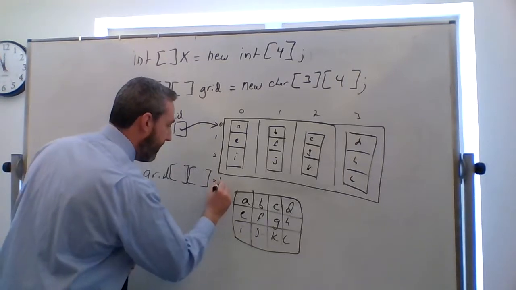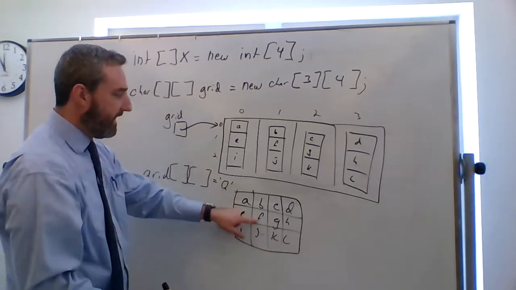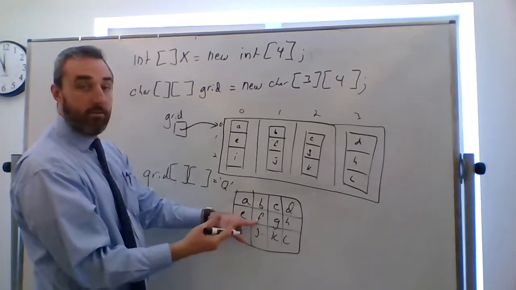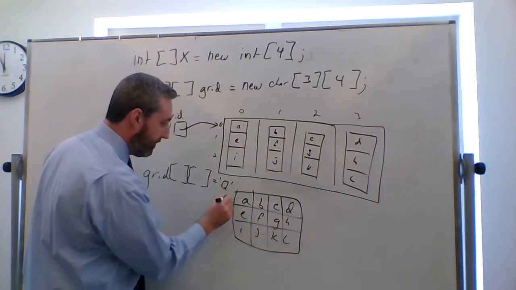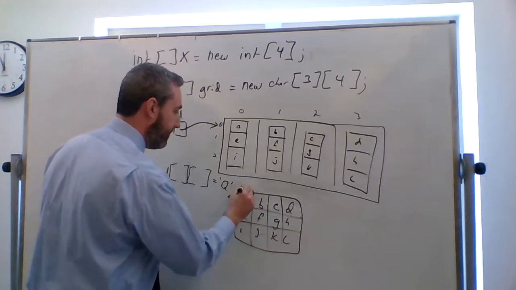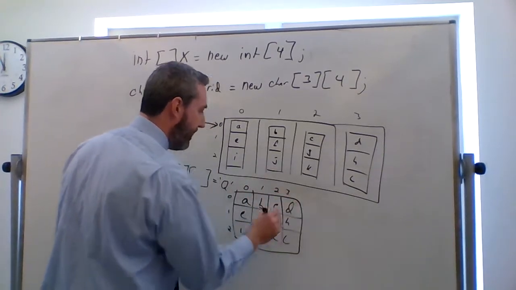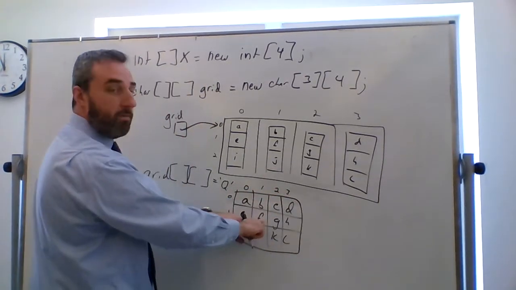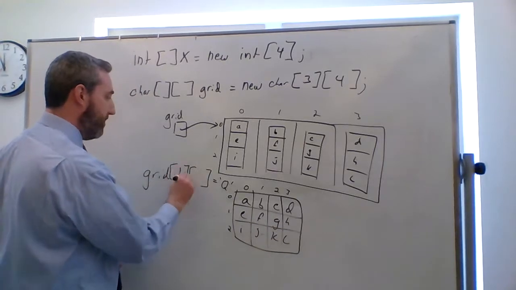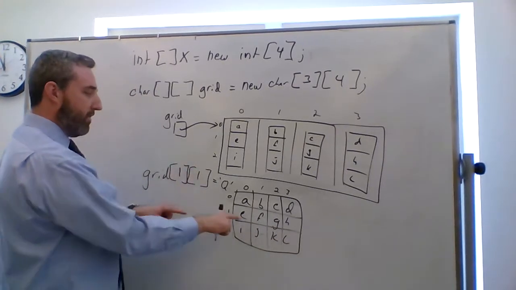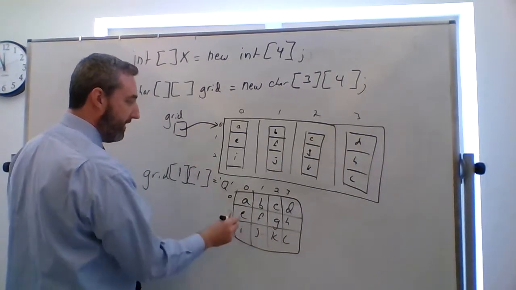So if I wanted to get to that F, I need to put in 2 values. Now again, we have our rows 0, 1, 2, and our columns 0, 1, 2, 3, and F is at the position 1, 1. So if I put in 1, 1, I can now say go to this particular place in my grid and set the value to Q.